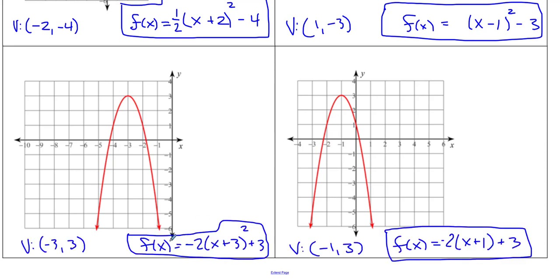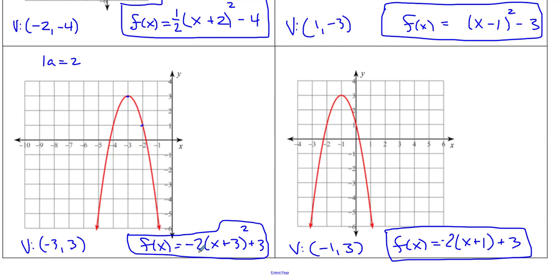All right, welcome back. So I ended up finding a vertex of -3, 3. And when I tried to figure out my change in y values, if I went over 1 and down 2, that means I have a value of 2. How can I figure out what a is? Well, 2 divided by 1 is 2.